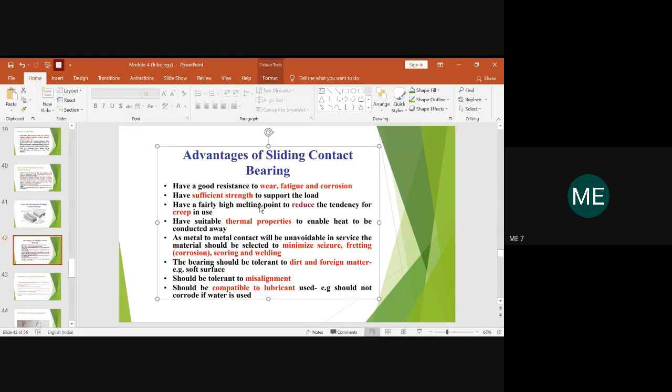Lastly, you should know some advantages of the sliding contact bearing. Mainly, I have told you that it has a very small amount of friction because it has a constraint in speed. When the friction is less, the sliding contact bearing has good resistance to wear, and also to fatigue, because it is not subjected to continuous loading for a longer period of time.